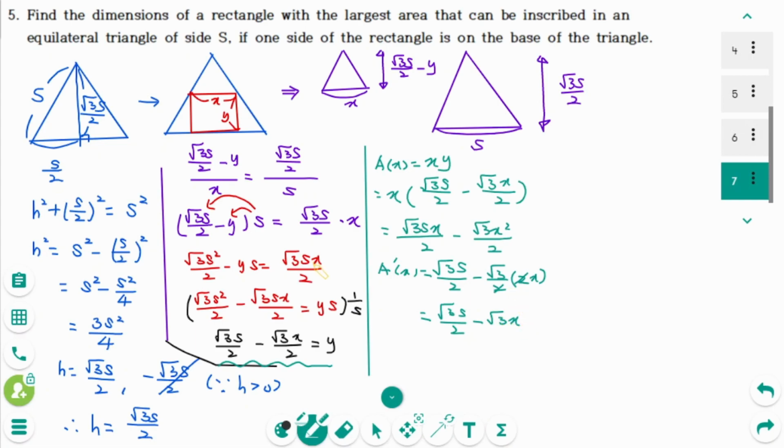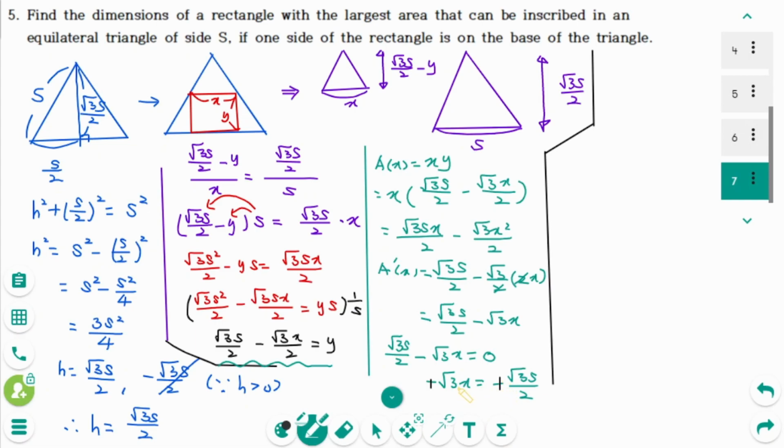To find the critical numbers, we equate the derivative to 0. Square root of 3 s over 2 minus square root of 3 x equals 0. Then minus square root of 3 x equals minus square root of 3 s over 2. Then make positive, cancel, x equals s over 2.